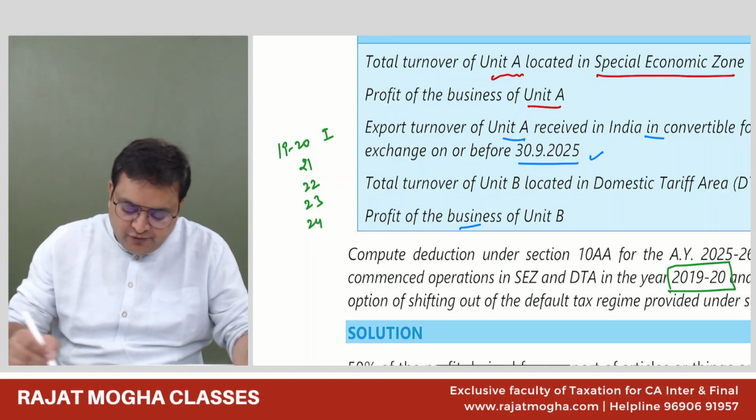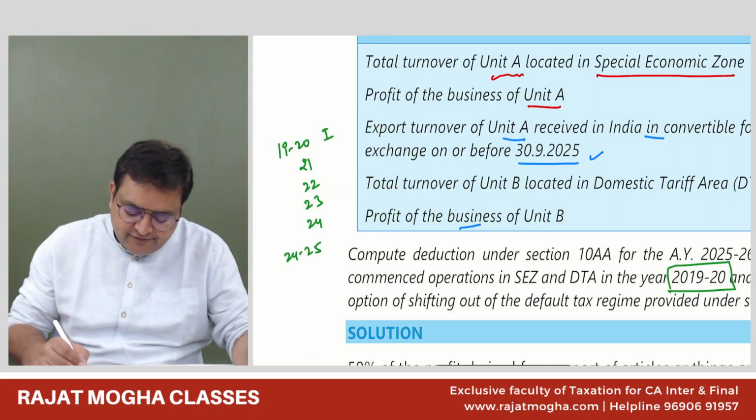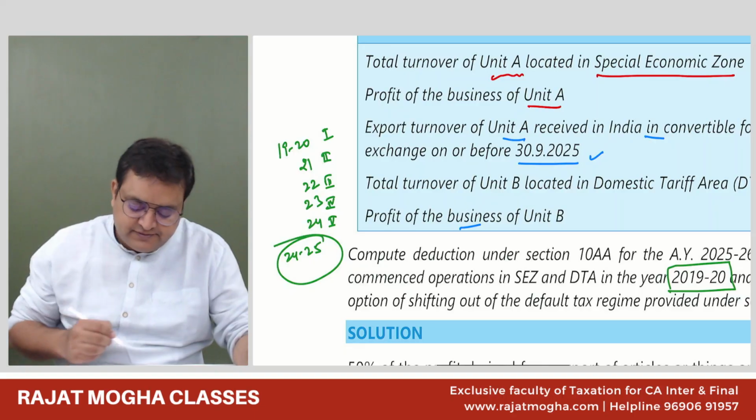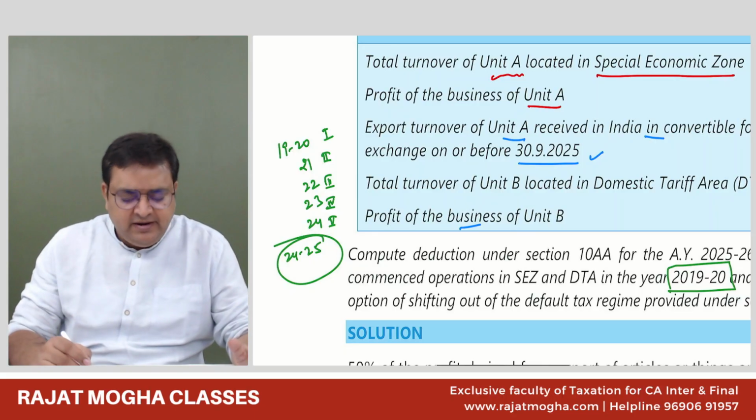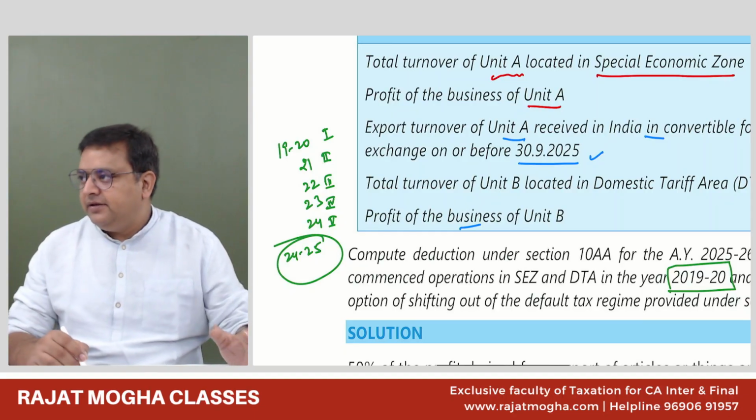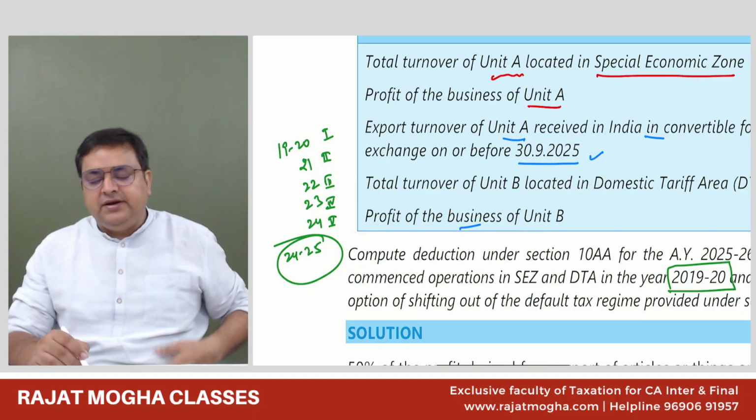And we are in 24-25. So first, second, third, fourth, fifth. We are in the sixth year. So it would be 50%. I believe you are okay with it. Anybody, if you want me to repeat, I will repeat.